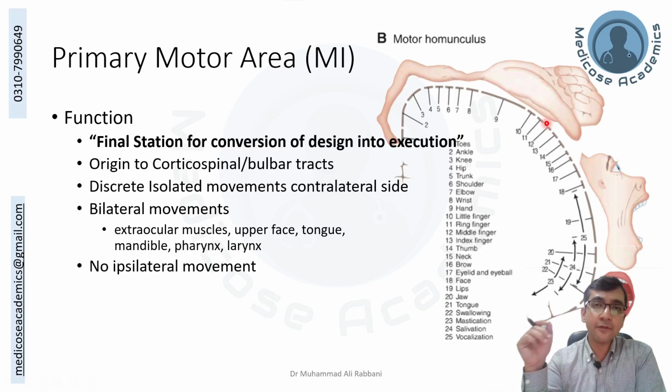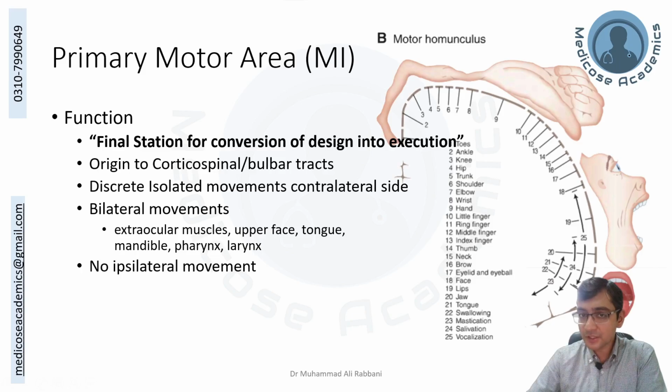So even if during a surgery a person is awake, even if not awake, you just give a stimulus with the electrode to a particular part, then the part connected to this particular part of the cerebral cortex, this primary motor cortex, will show movement.